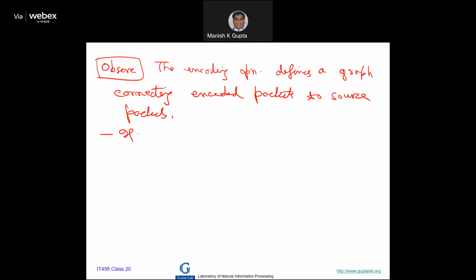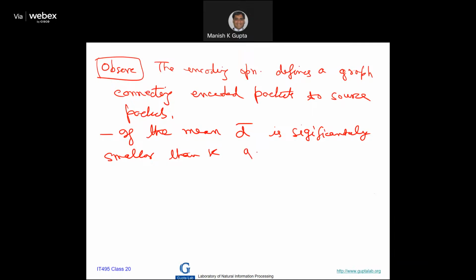And if the mean degree, this degree is very important, is significantly smaller than k, in that case the graph is sparse. Sparse means, look at the matrix, the number of ones is very few. Mostly it's full of zeros. The graph is sparse, right?